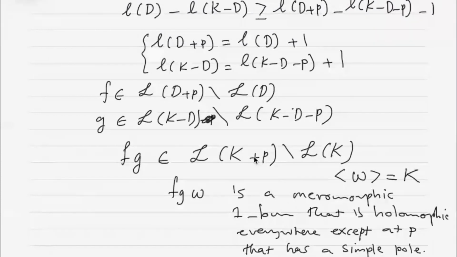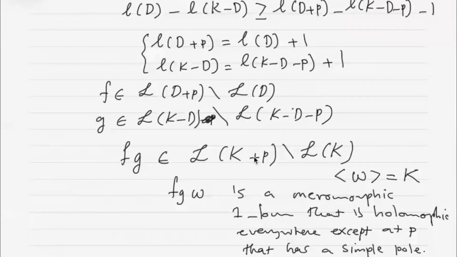Right? Because it's in L of K plus P. So that means that if you add the divisor of fg with K plus P, it becomes positive. So that means that at any points other than this particular P that we added to K, fg times omega is going to be holomorphic. And at this particular point P, it's going to have only a simple, non-trivial pole.